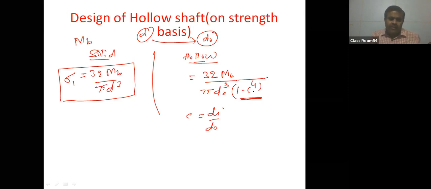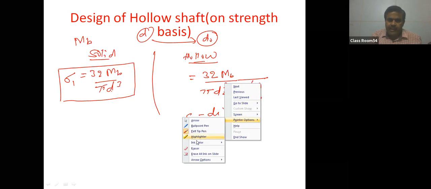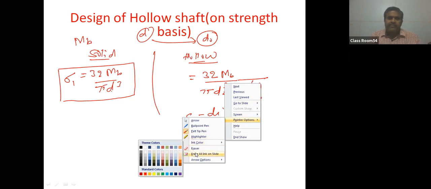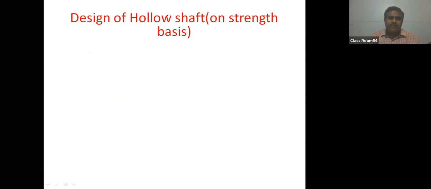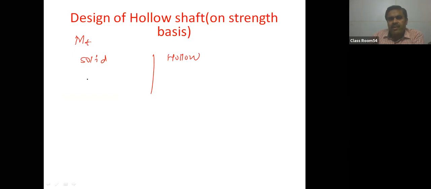Okay, now we are moving to the third case, when only torque is acting on the shaft. Again, we will compare the formula for the solid and the hollow. In case of solid, we have 16 times MT divided by pi d cube equal to the permissible shear stress tau.